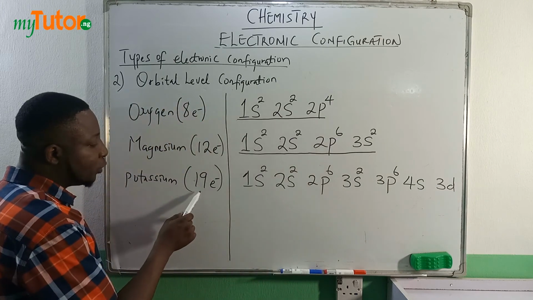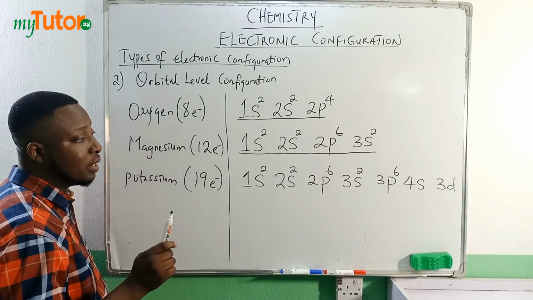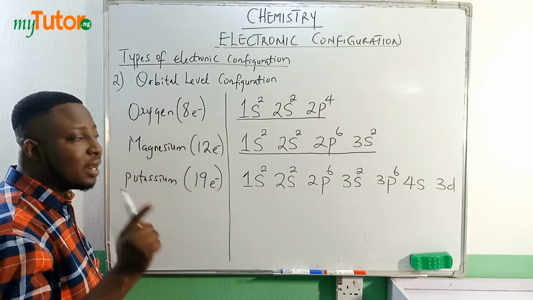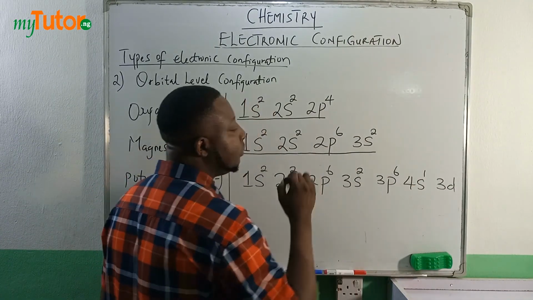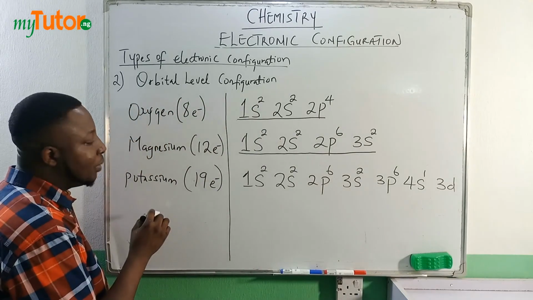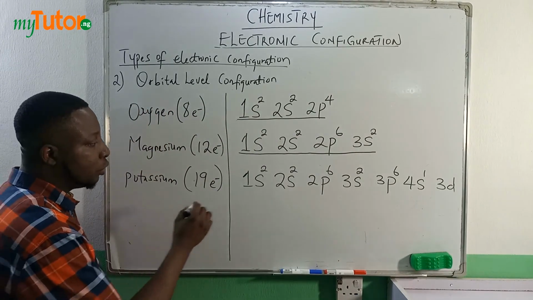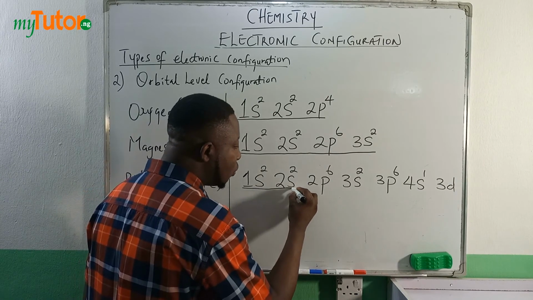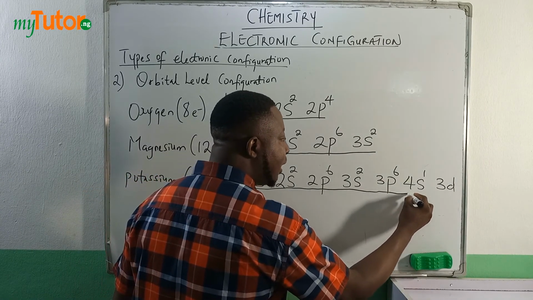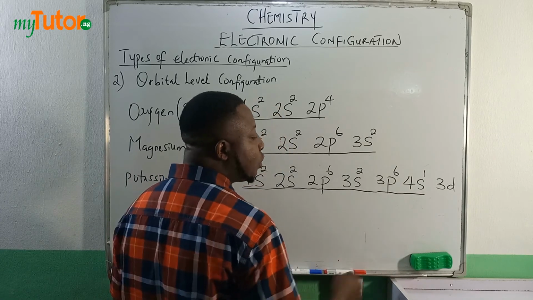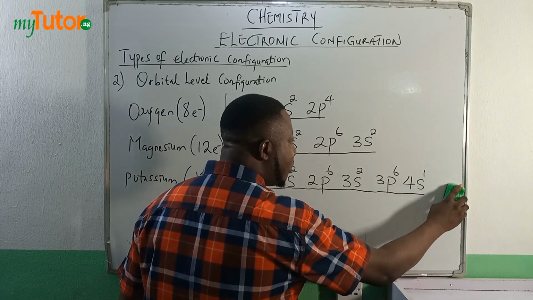So if we subtract 18 from 19, that will give us 1 electron. So the remaining 1 electron will be added to the 4s orbital. So the orbital level configuration of potassium is 1s2, 2s2, 2p6, 3s2, 3p6, and 4s1. So the 3d will not be included.